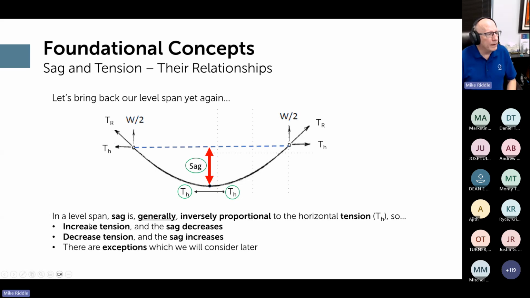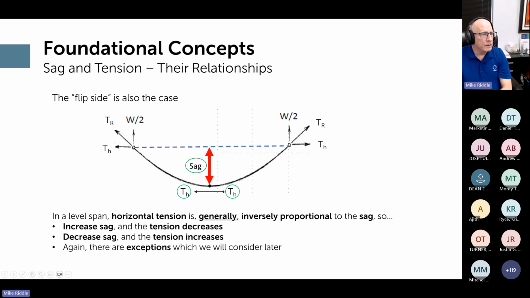And in a level span, sag is going to be generally inversely proportional to the horizontal tension. So what that means is if we increase the tension, we decrease the sag. Or conversely, if we decrease tension, we increase sag. And there are exceptions, which we're going to consider later.